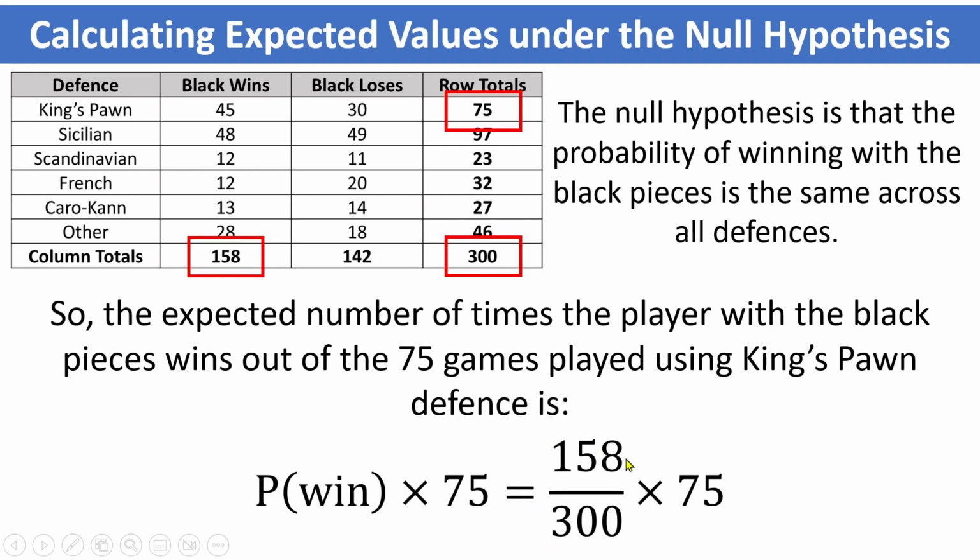This is the common probability which we're justified to use because we're assuming the null is true. That's the probability of winning, and this is the sample size. So what we're saying is, if we take samples of size 75, and if the null is true, then on average, this will give us the expected number of times black will win when playing the king's pawn opening.